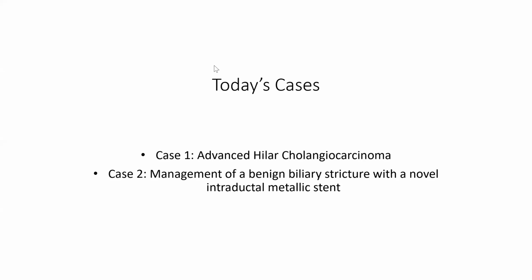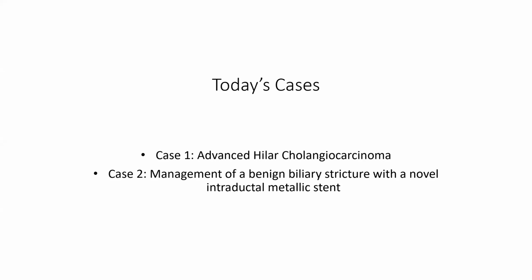Thank you very much. I think the case that we will do today, Dr. Hani will show us how to perform an ERCP for a case of obstructive jaundice, mostly due to cholangiocarcinoma. I don't have enough history about the case, but I think it's a Klatskin tumor, which means cholangiocarcinoma nearby the hilum, and the patient may need a double stent, one at the left duct and one at the right duct.